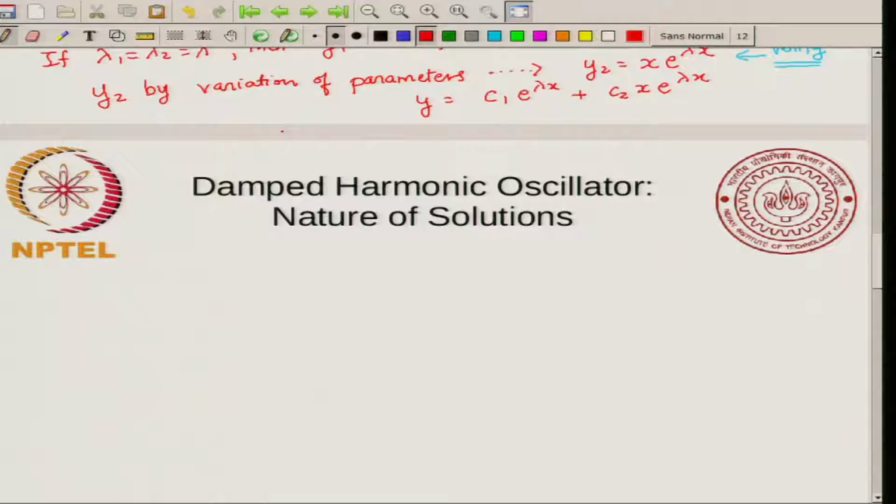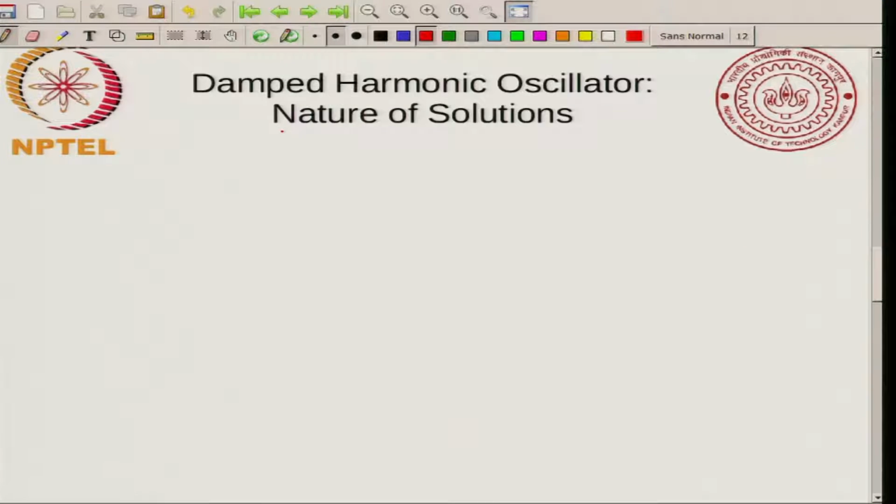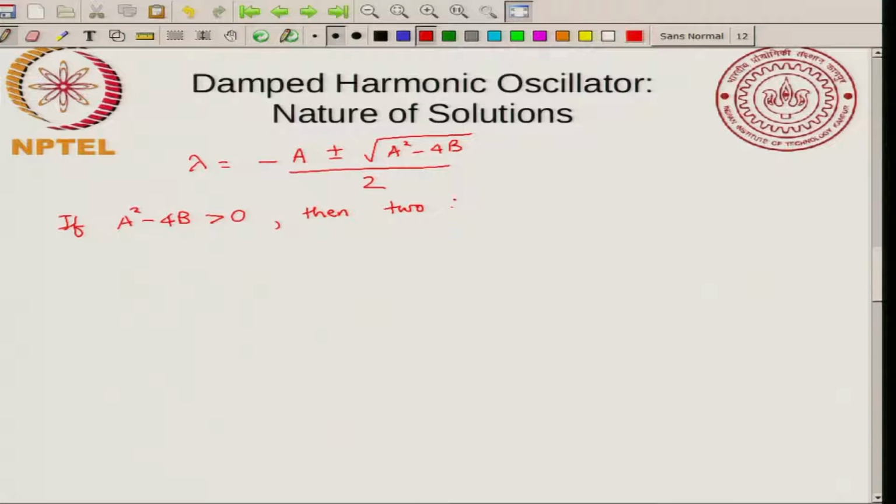Now let us look at the nature of the solutions. We said that lambda is equal to negative a plus minus square root of a square minus 4b, divided by 2. So if a square minus 4b is strictly greater than 0, then we have two real roots, that means lambda 1 and lambda 2 are real numbers.